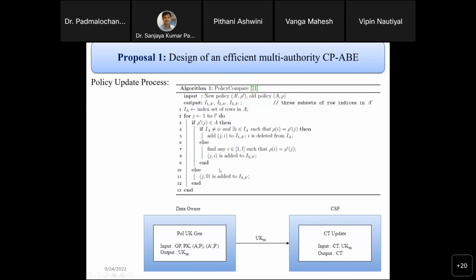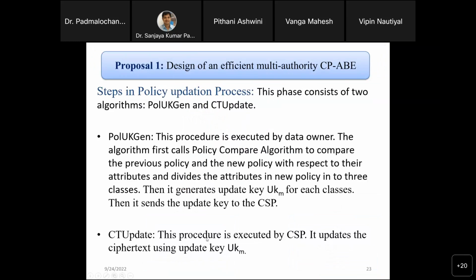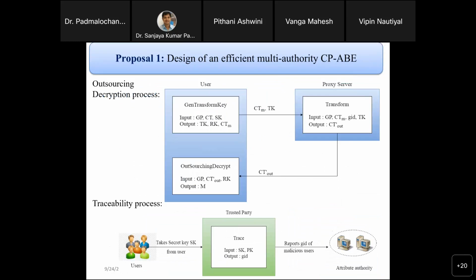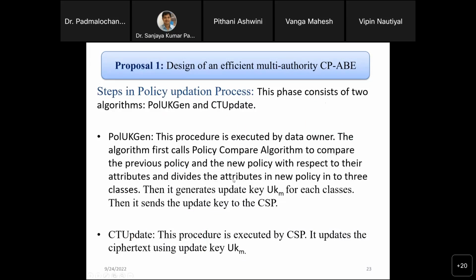This is a comparison of the old policy and new policy, and this is the whole process. There is mathematics behind policy update keygen and CT update. I'll skip that here, but this has been verified, and all these procedures work fine.